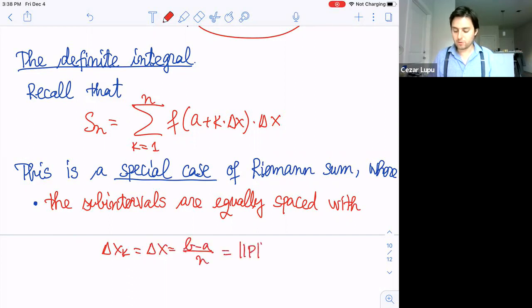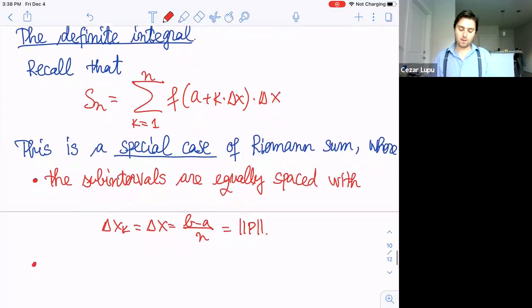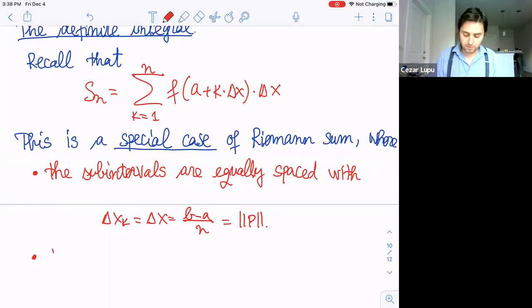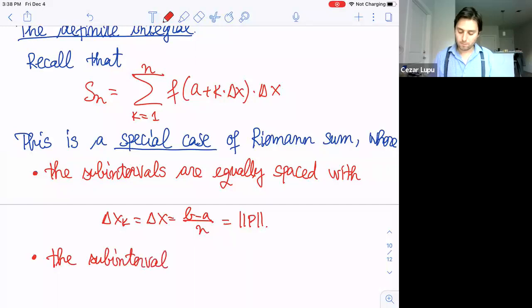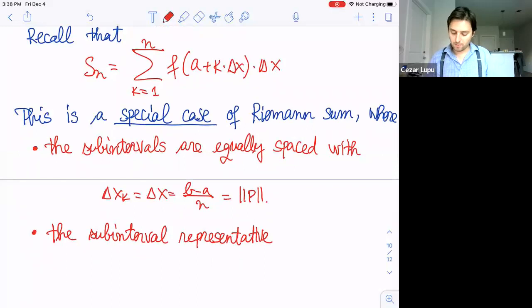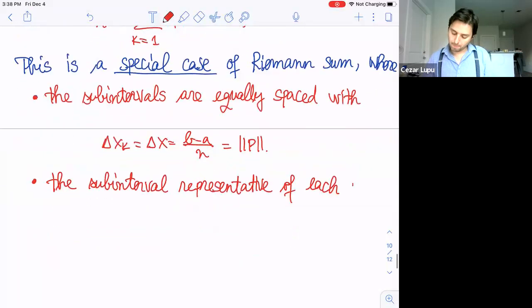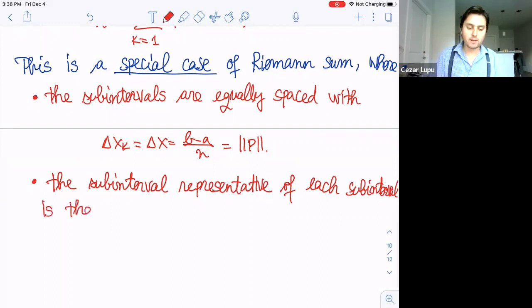This will be nothing else than just the partition P. And the second condition is that the subinterval representative of each subinterval is the right endpoint. This is important.